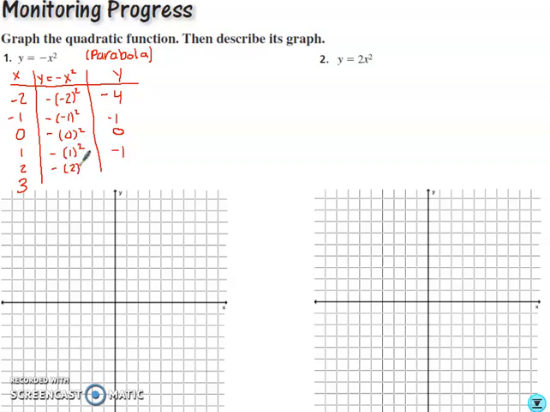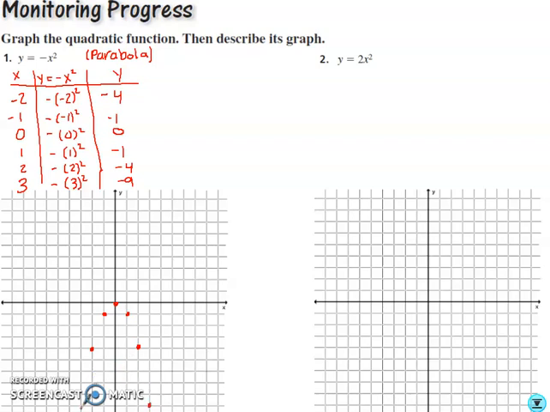Negative of 2 squared. 2 squared is 4, make it negative. And negative of 3 squared. 3 squared is 9, make it negative. So -2, -4; -1, -1; 0, 0; 1, -1; 2, -4; and 3, -9.